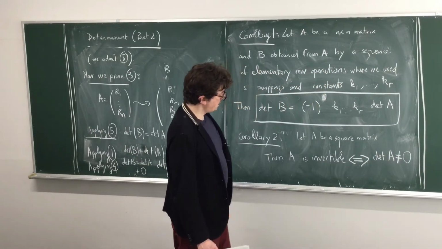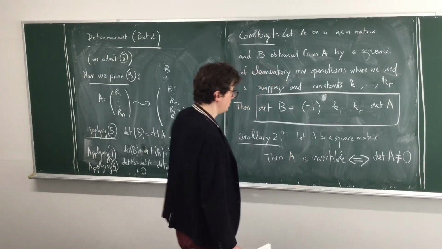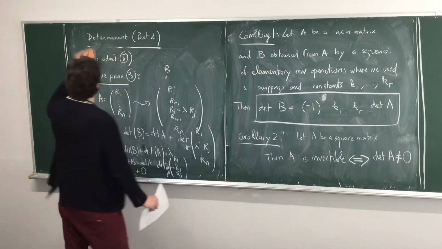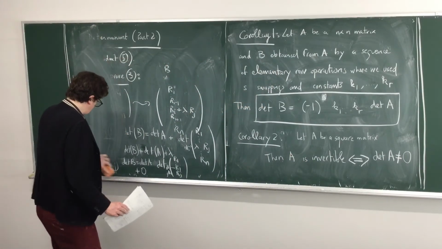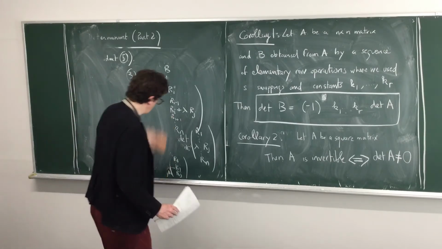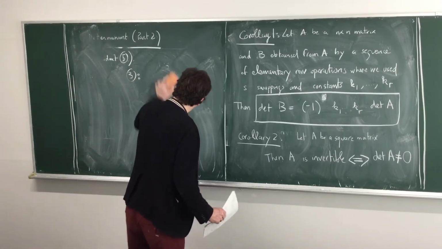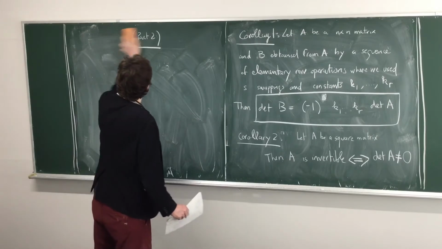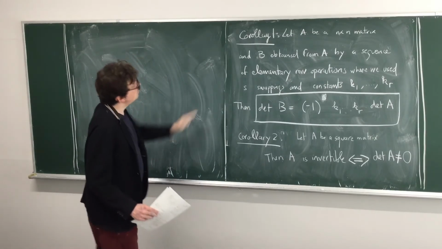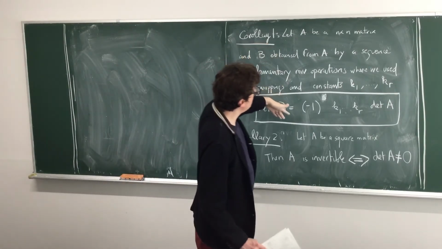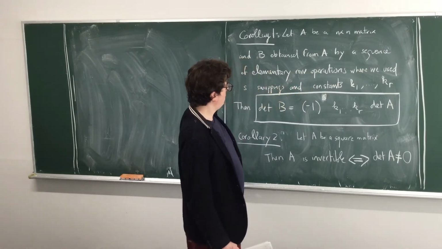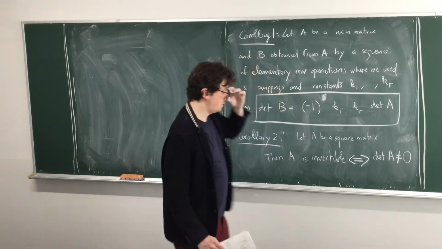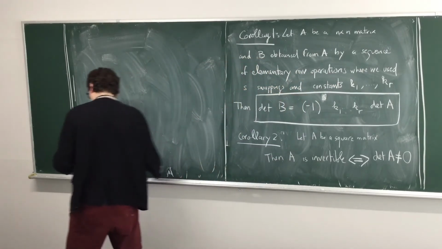We can check immediately that the matrix is invertible if and only if its determinant is non-zero. So let's see the proof of this fact. By the way, the proof of corollary 1 was immediately coming from the previous result. This is very easy.